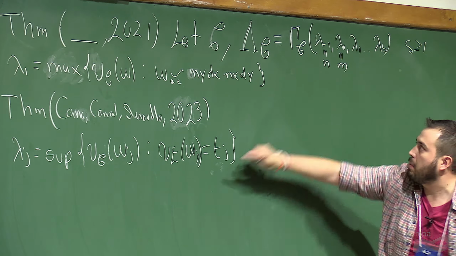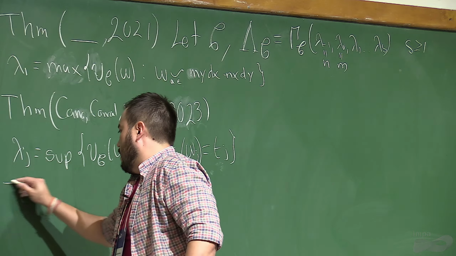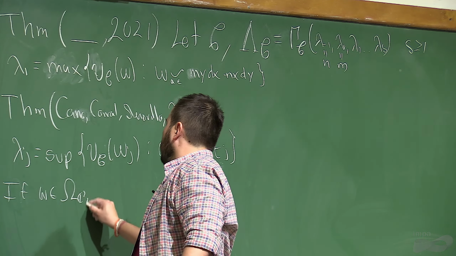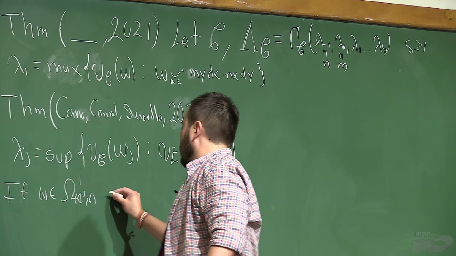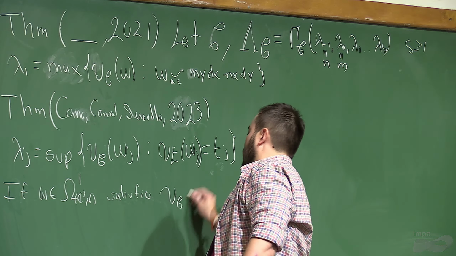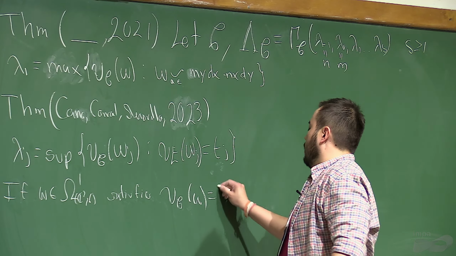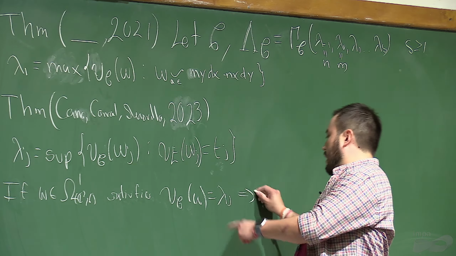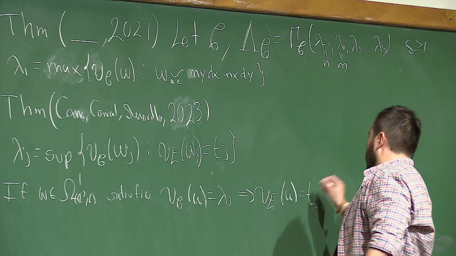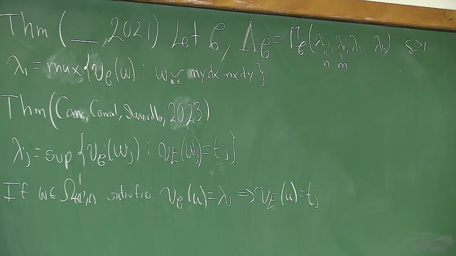And they prove that if omega satisfies that the differential value is lambda j, then the divisorial value is Tj. Okay?